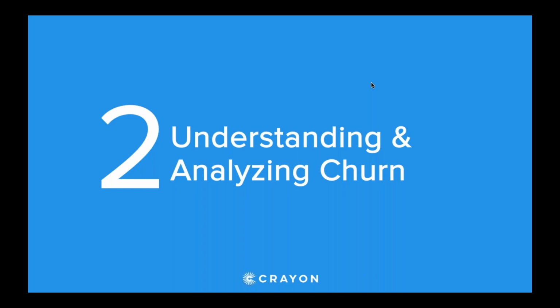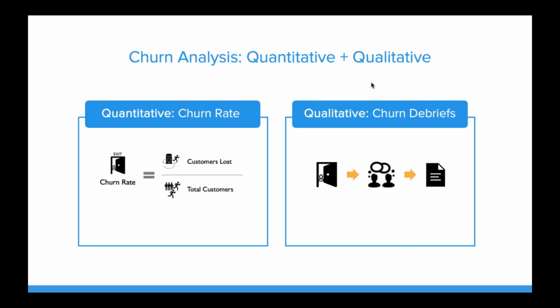All right, well, let's get into some of the meat of all that: calculation, understanding, and analyzing churn. There are a couple of different ways that you can go about churn analysis. There's the quantitative side and there's the qualitative side, and you really need both pieces to get the full picture. On the quantitative side, that's calculating your churn rate, and that's the calculation we talked about before.